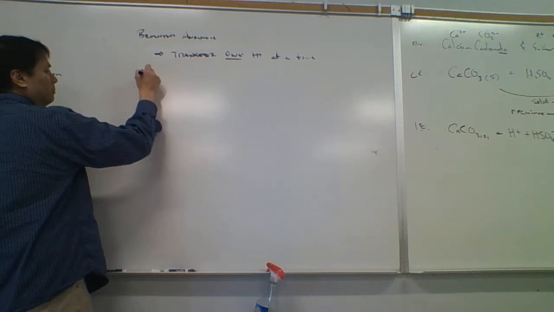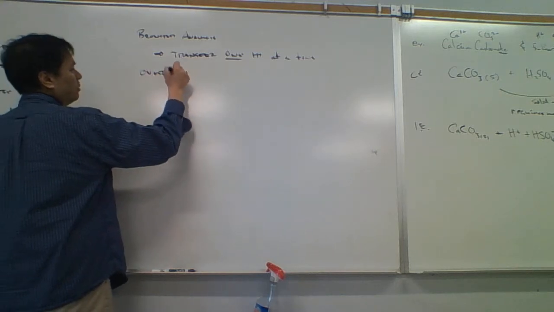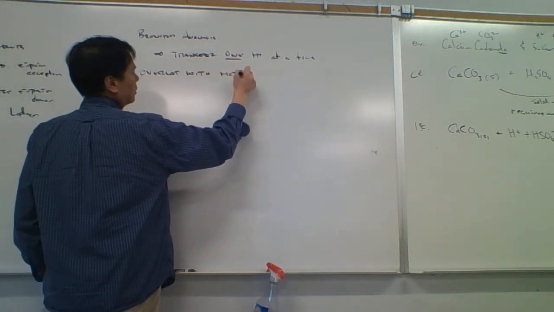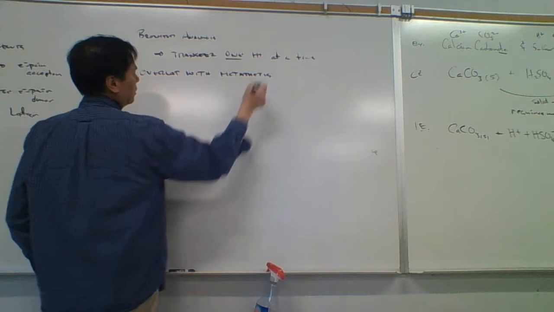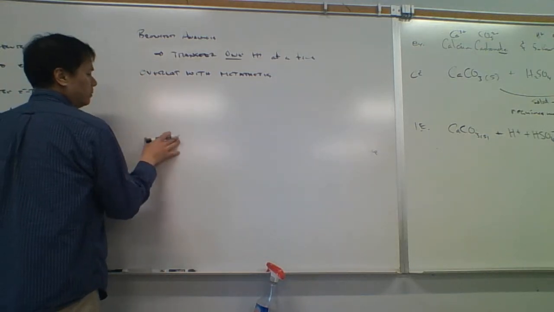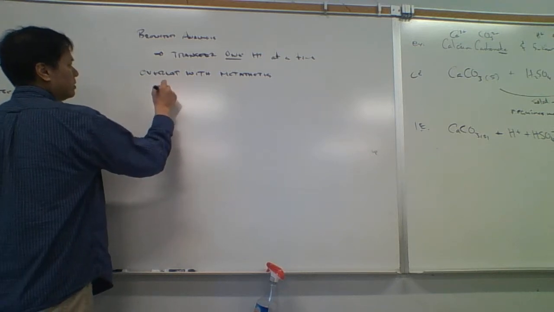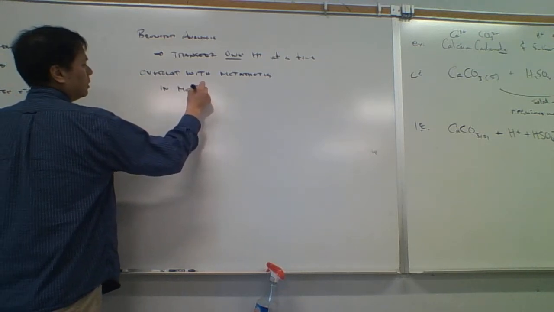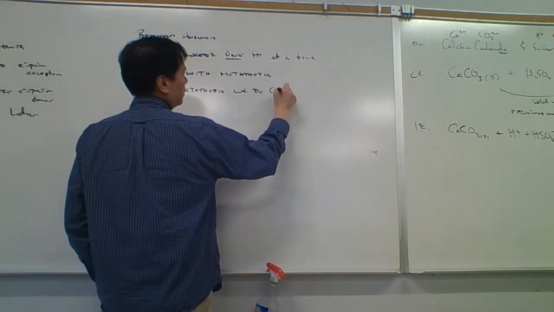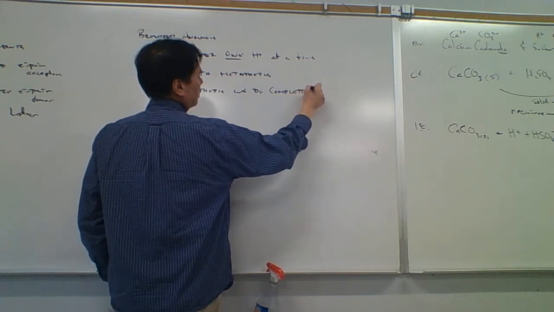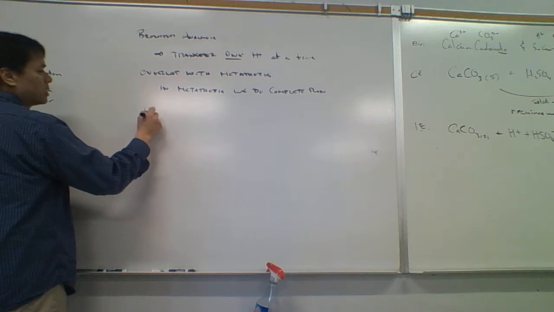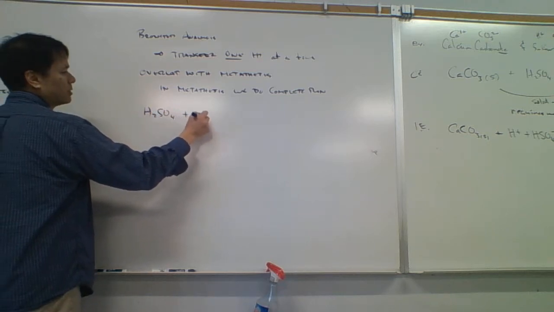There's some overlap with metathesis. In metathesis, we do complete reaction. In Bronsted, we do it step by step. And so let's just take a look at one example: H2SO4 plus sodium hydroxide.